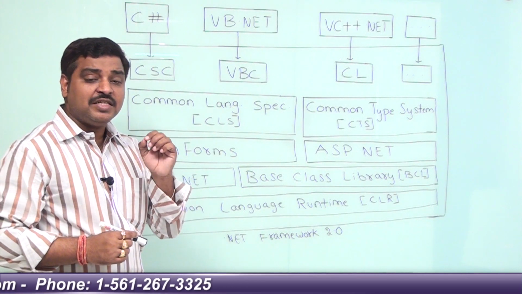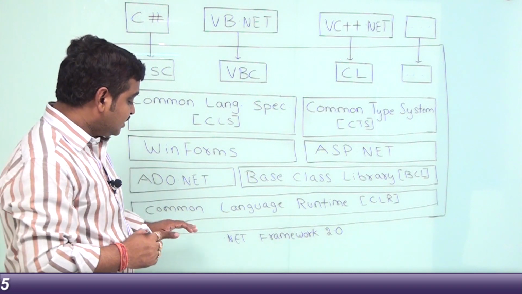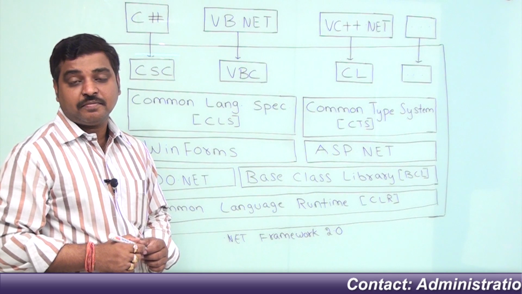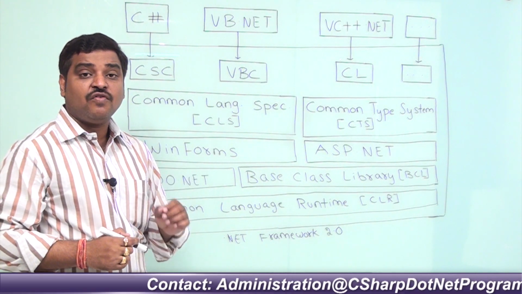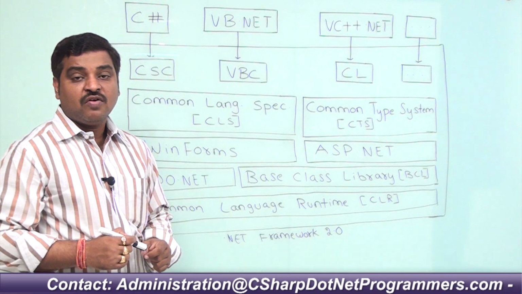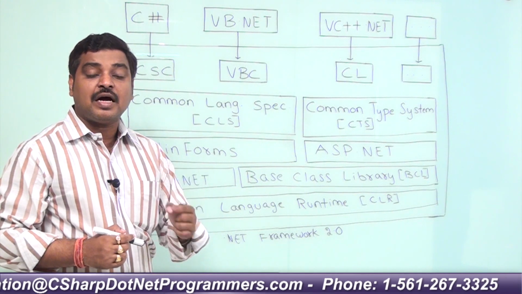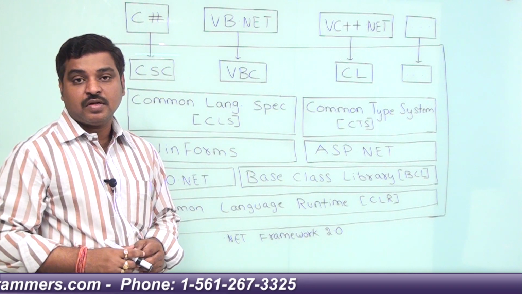And one of the major resources present within our .NET framework is CLR, which stands for Common Language Runtime. CLR is a collection of resources which are used for executing a .NET application within the .NET environment.